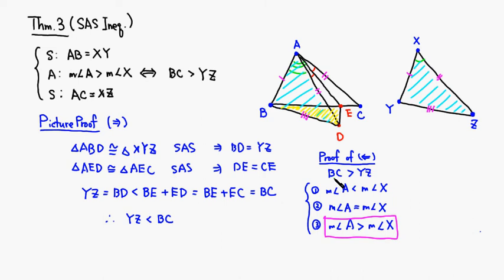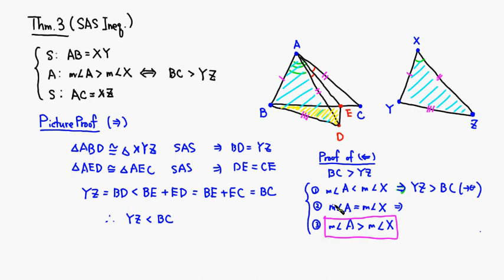Using the other implication, since angle X is larger, the corresponding side is going to be larger. So this tells you that YZ is going to be longer than BC, which is a contradiction against the very first statement. How about if the angles are congruent?